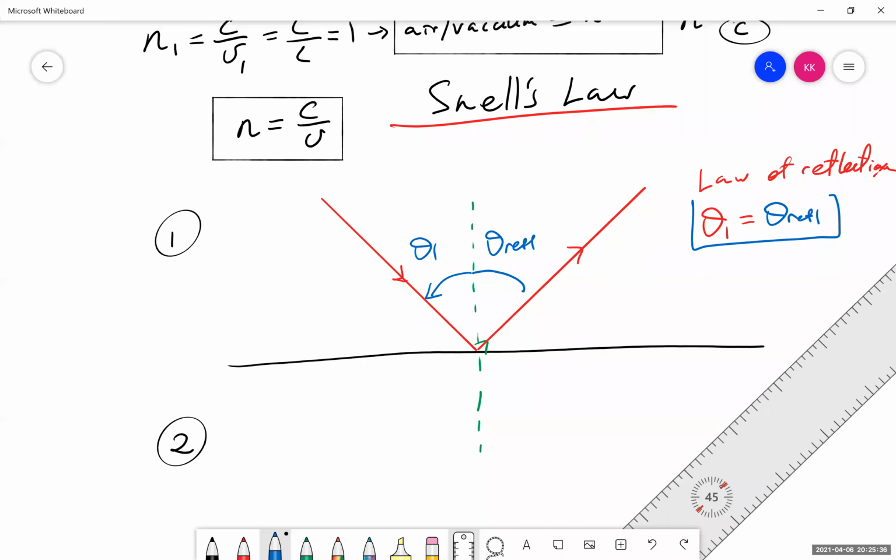That means the incident angle and reflected angle are always exactly the same. Now we don't really care at this point about reflected light, because it doesn't really help us unless it's a mirror, for example. But in this case, we have a propagation of light to the other side.